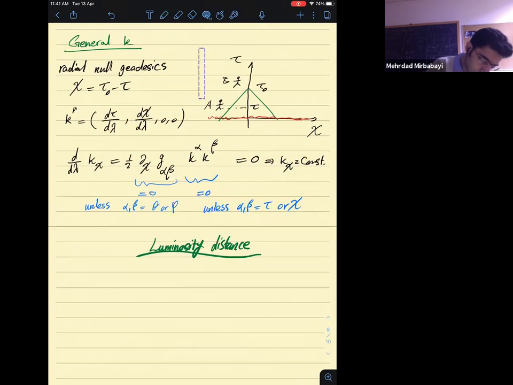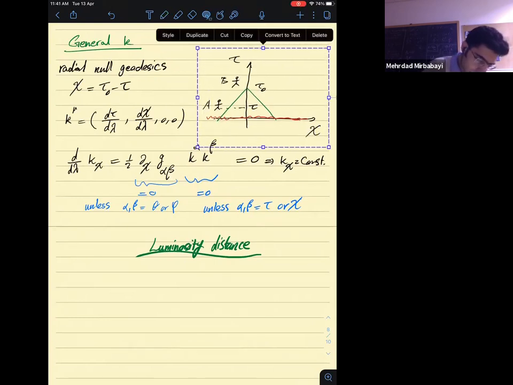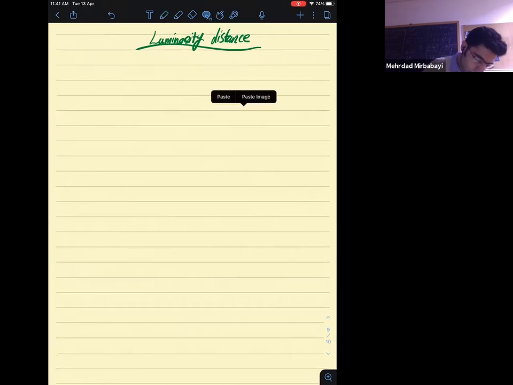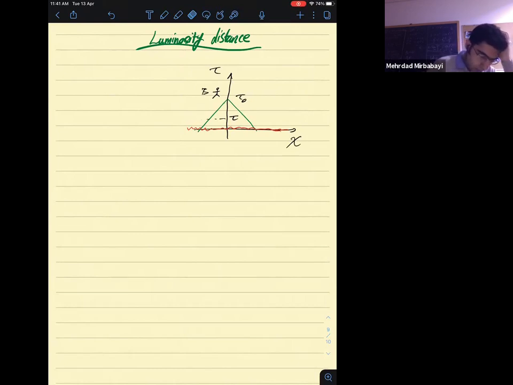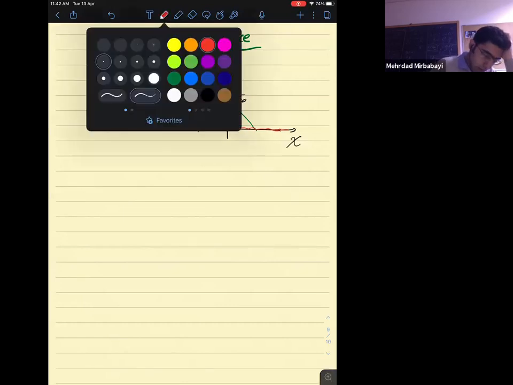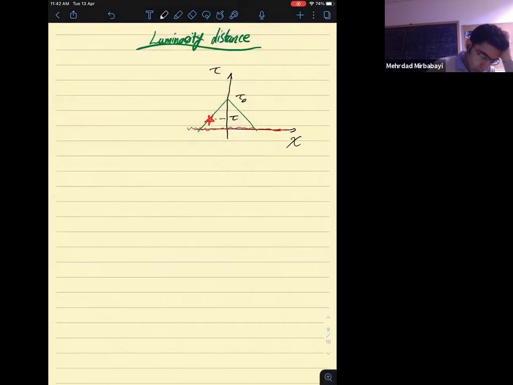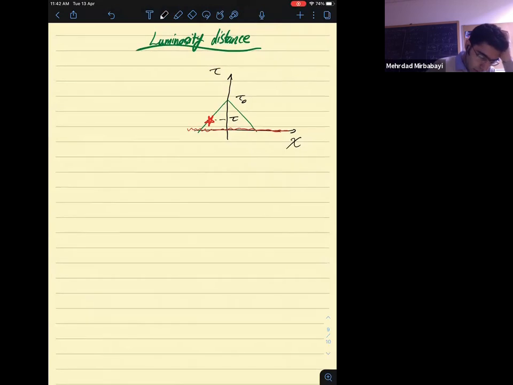So let us again look at this. What we want to consider is that there is a source here, and we know what its luminosity is.